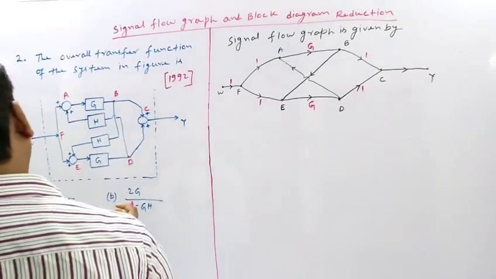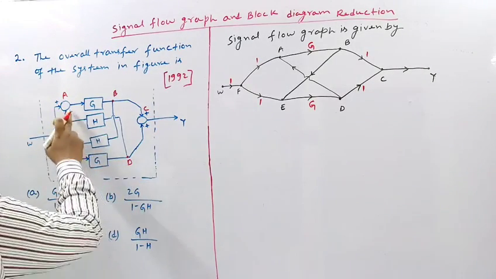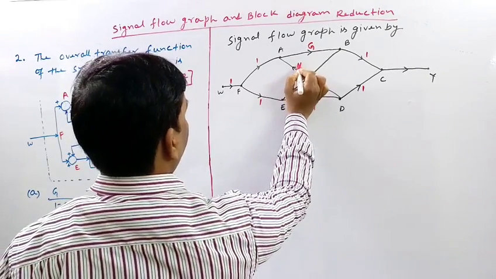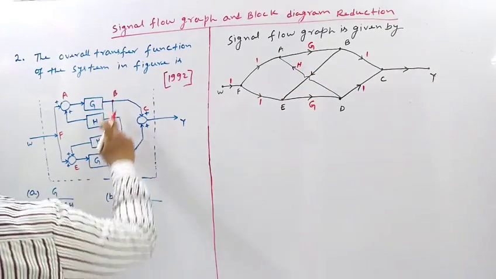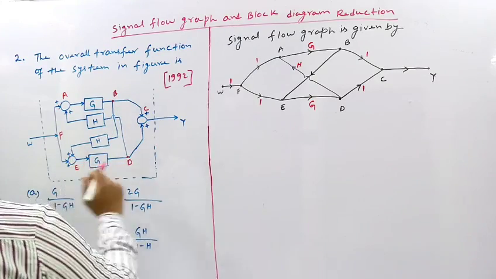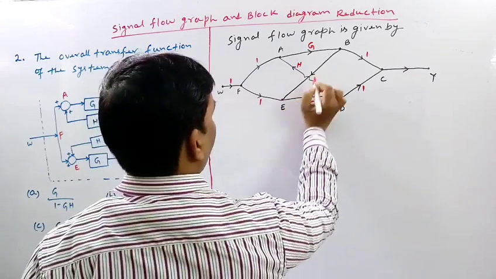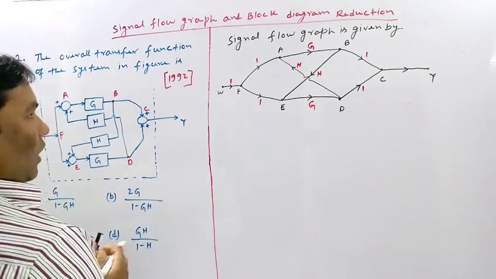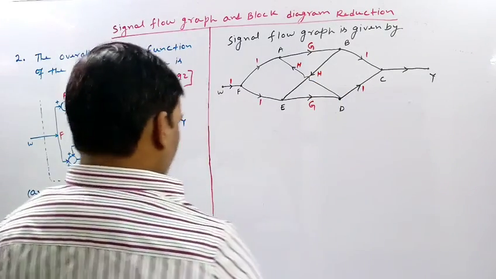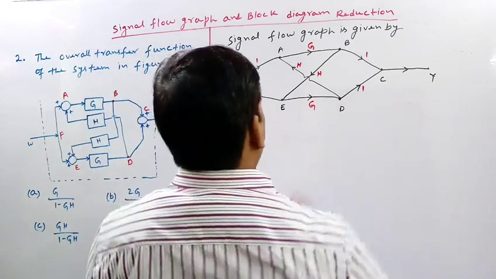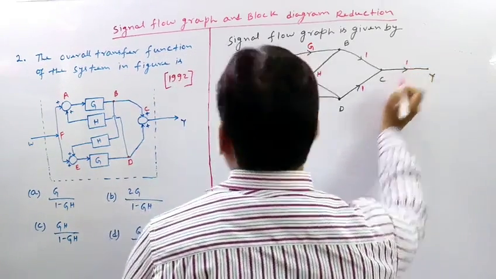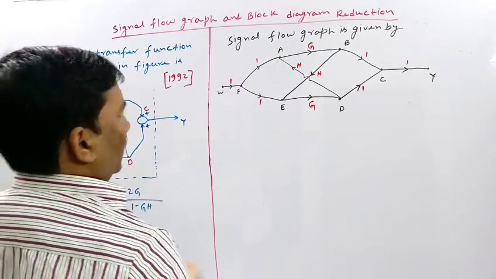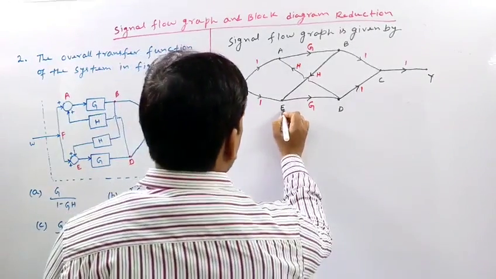From D to A, the path gain is H. And again from B to E, the path gain is H. And from C to Y the path gain is 1. So now our signal flow graph is complete.